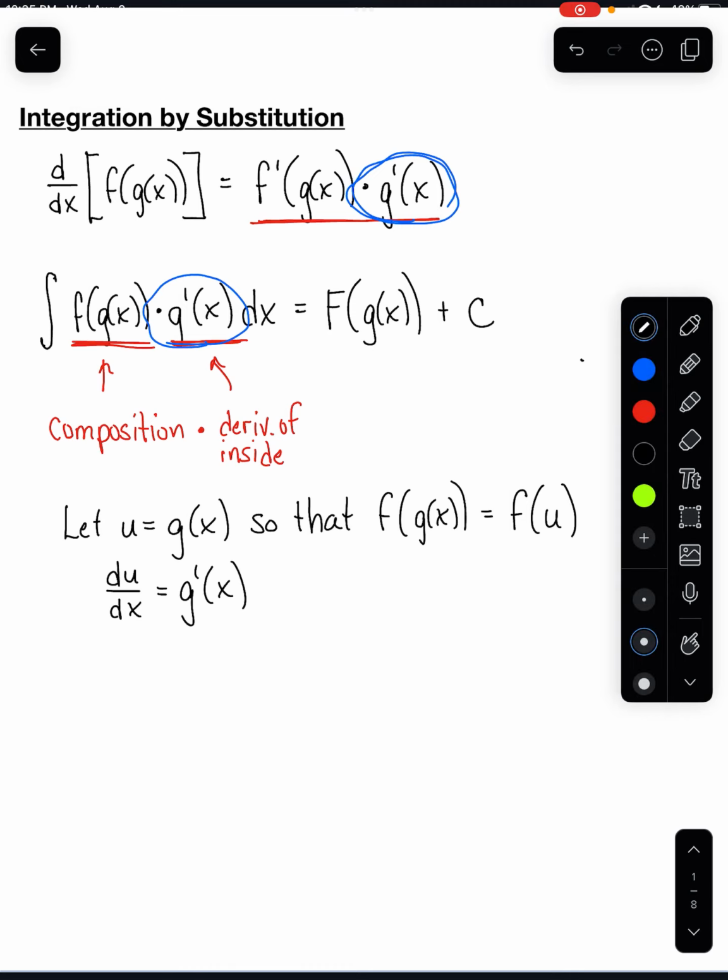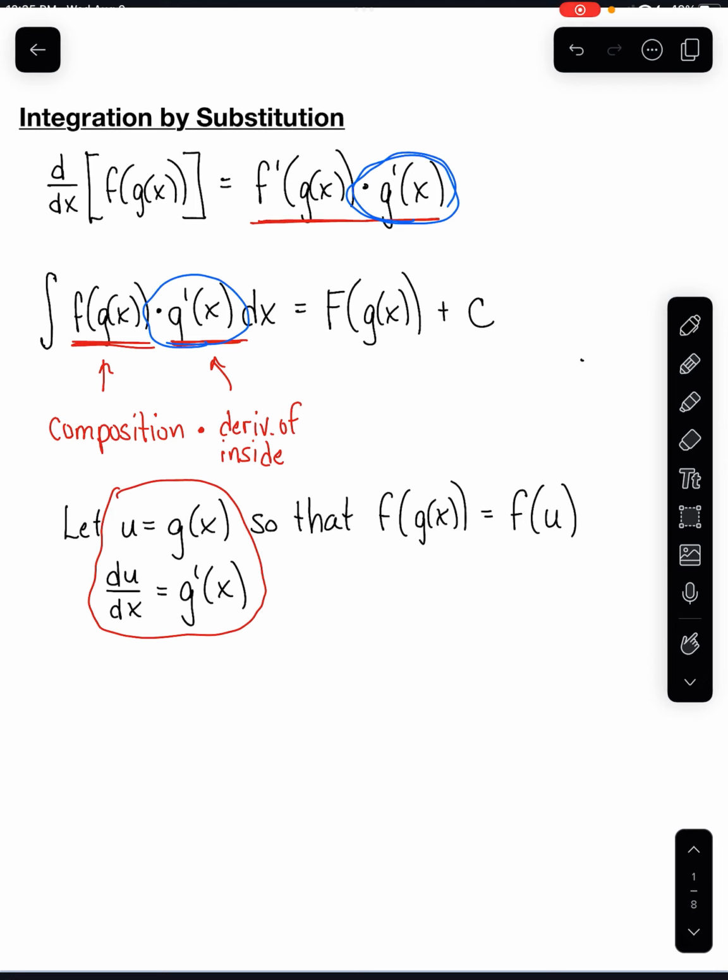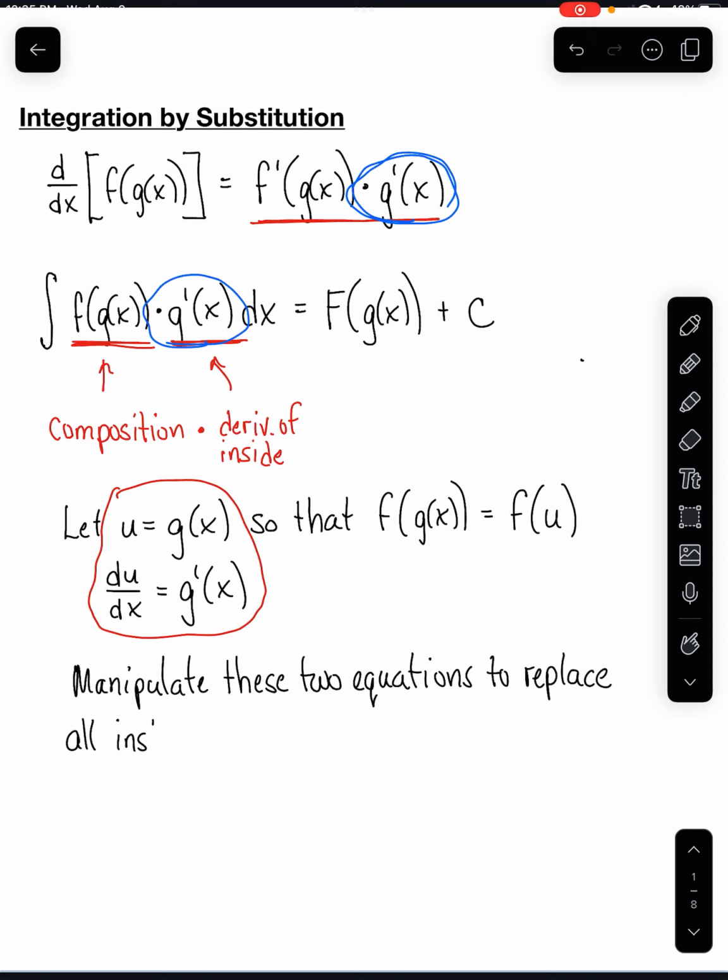So what we're going to end up with here is that we have two statements that relate our new variable u with the original variable x. We are allowed to manipulate these two statements, these two equations, in any legitimate algebraic way, to replace all instances of x with instances of u.